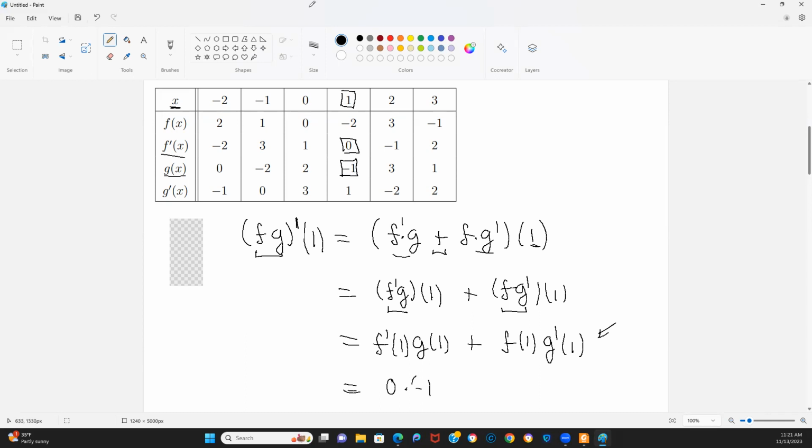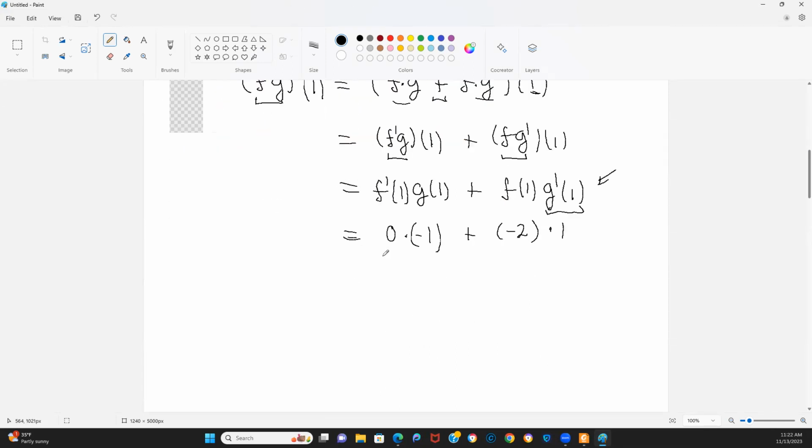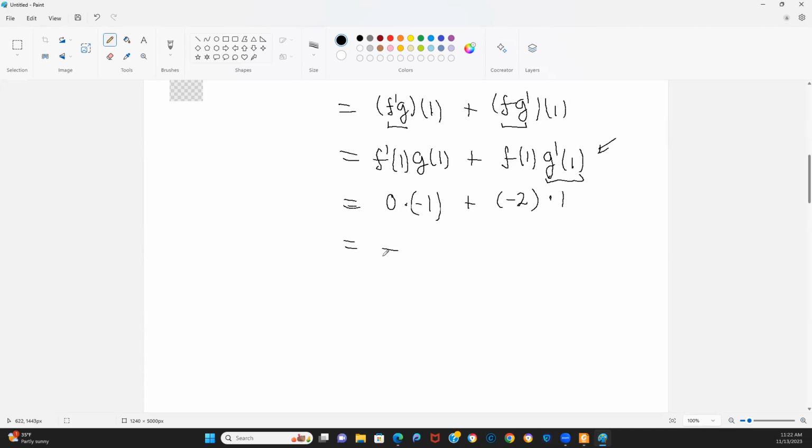So times -1, I'm going to put that in parentheses, plus f of 1. So f of 1 is -2. So it's going to be -2 times this last part right here, g prime of 1. So here's our g prime row, and this is g prime of 1, so times 1. And then you can see that this is just going to be -2.